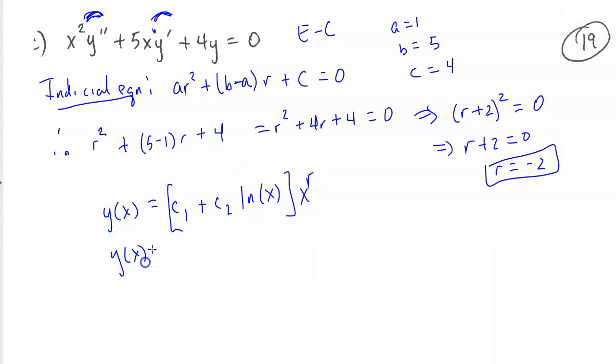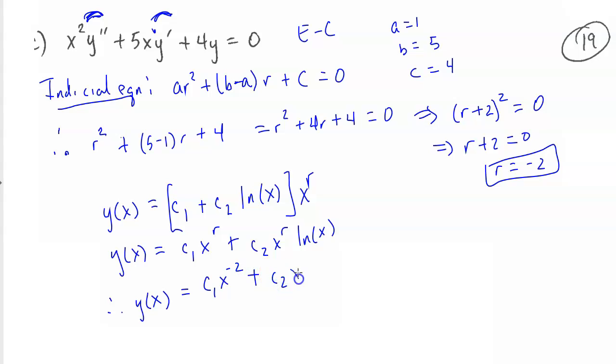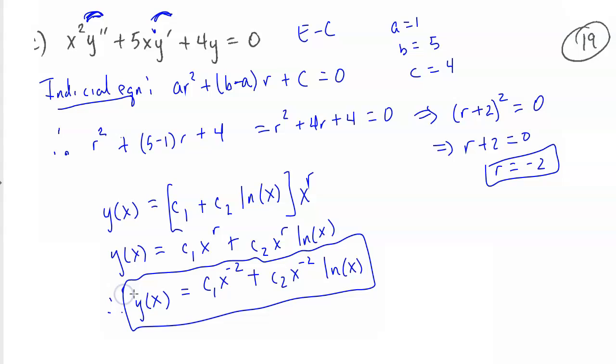Or you could express it this way: C1 x raised to the r plus C2 x raised to the r natural log of x. Either way is fine. So here r is negative 2, so we just plug that in, and we are done. That would be the general solution for this particular ODE.